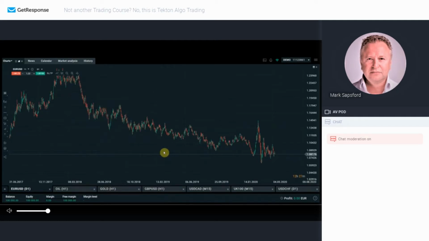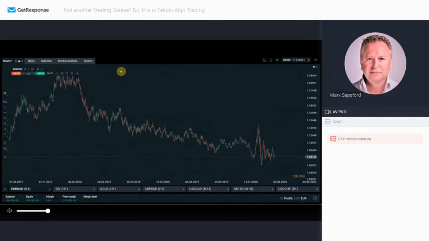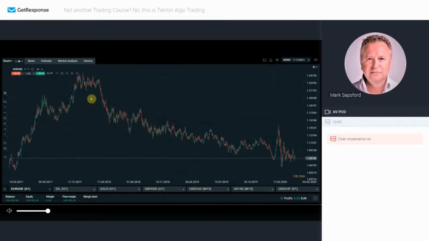So the think it part of the strategy is very simple, and for this one I'm going to use a trending strategy. It's a trending strategy that allows me to capture moves in the marketplace like that and like that, okay? Not that, because if we were trading that across the top, we'd be looking to sell the top, buy here, sell the top and buy here, and so on.